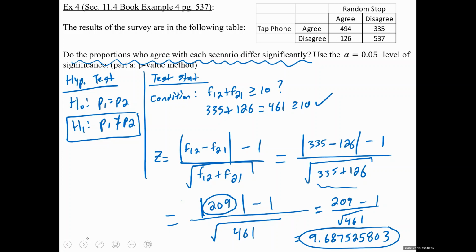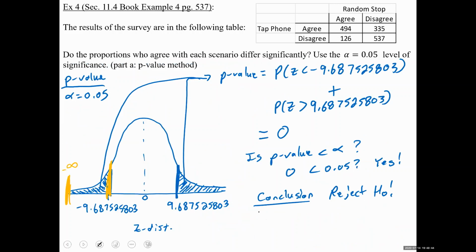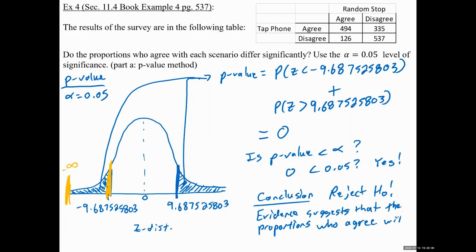So the conclusion in words is: evidence suggests that the proportions who agree with each scenario differ.